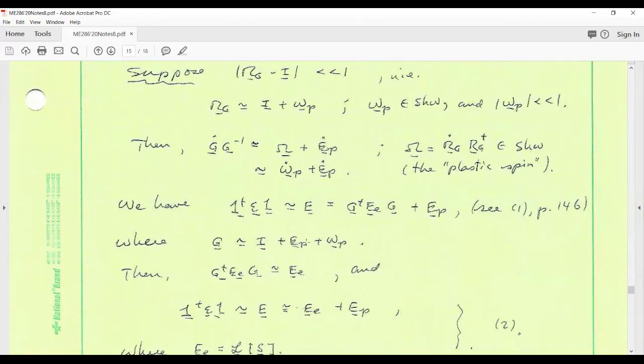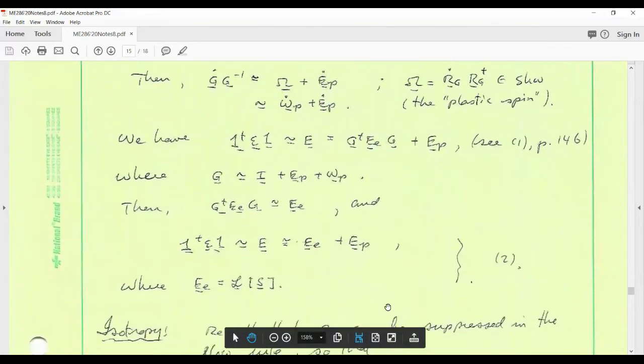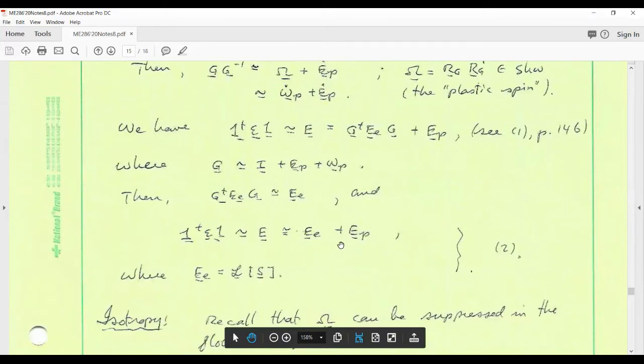If you multiply those together and neglect products of E_P with omega p, because both are so small, you get this. And then these combine, they're negligible in comparison to the referential identity. So this is approximated by the elastic strain. So we have this approximate decomposition of the strain into elastic and plastic parts, and the further approximation that the strain is approximated by the shifted version of the infinitesimal strain tensor.